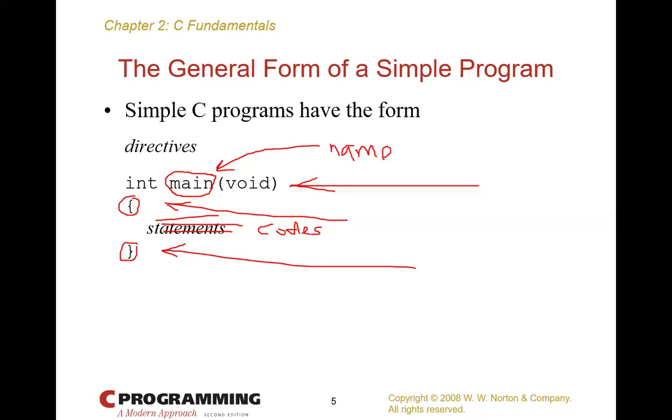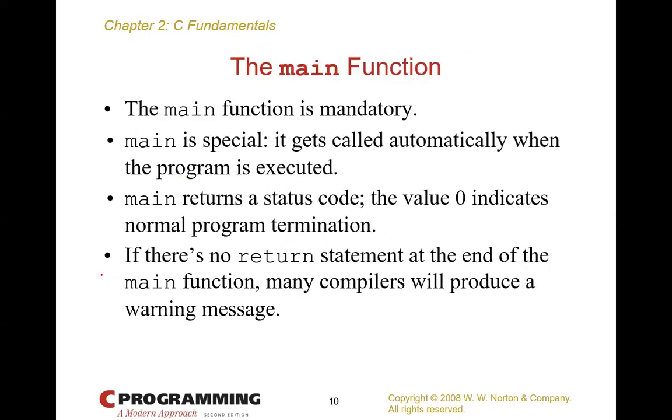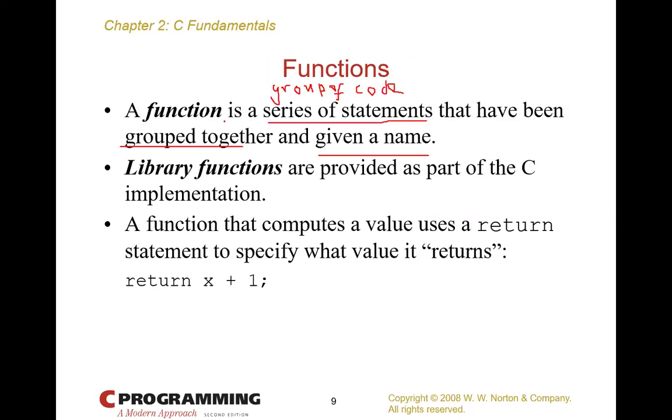At the same time, it is the name for all the code in this function, because by this name, you can make use of the code. All this code has been grouped together between these braces. Again, we said a function is a group of code or series of statements that have been grouped together and given a name.